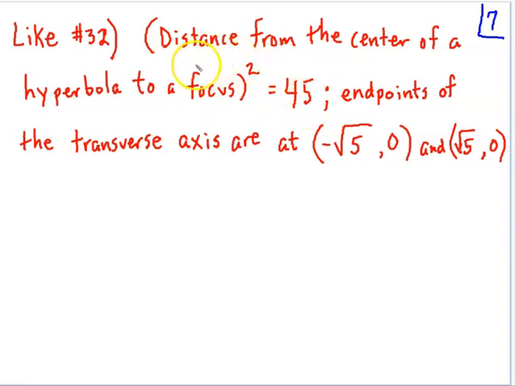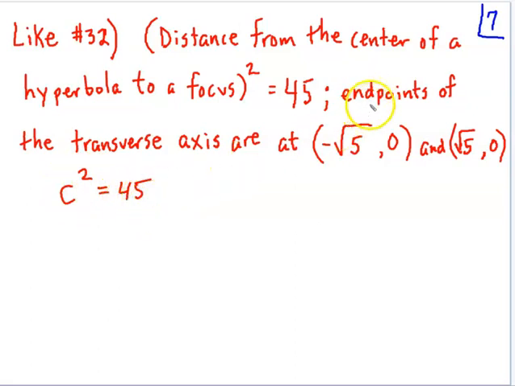Well, another way of saying the distance from the center of a hyperbola to a focus is c. So c squared is 45.